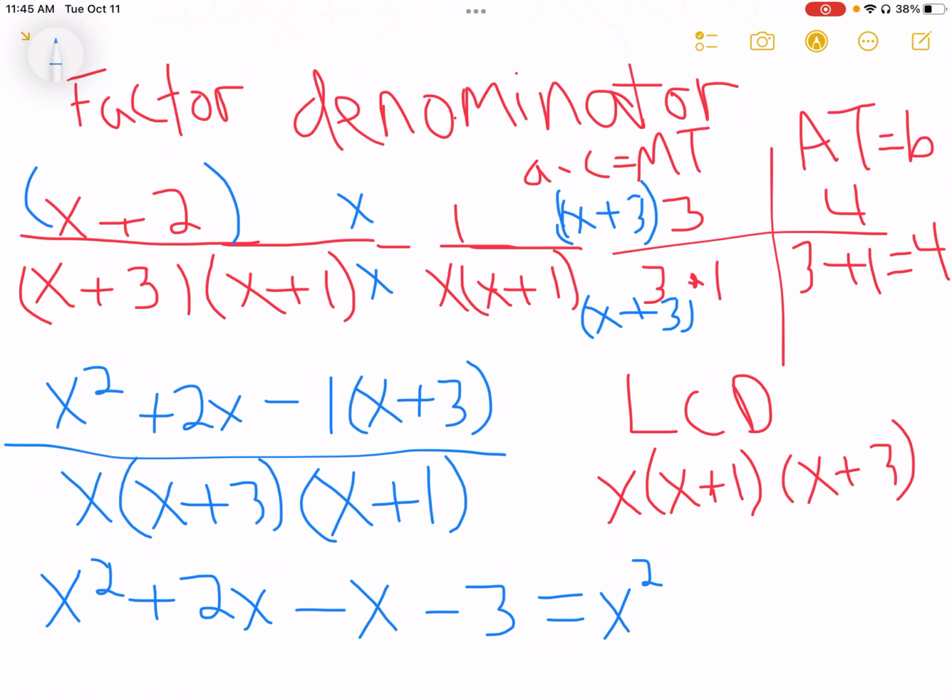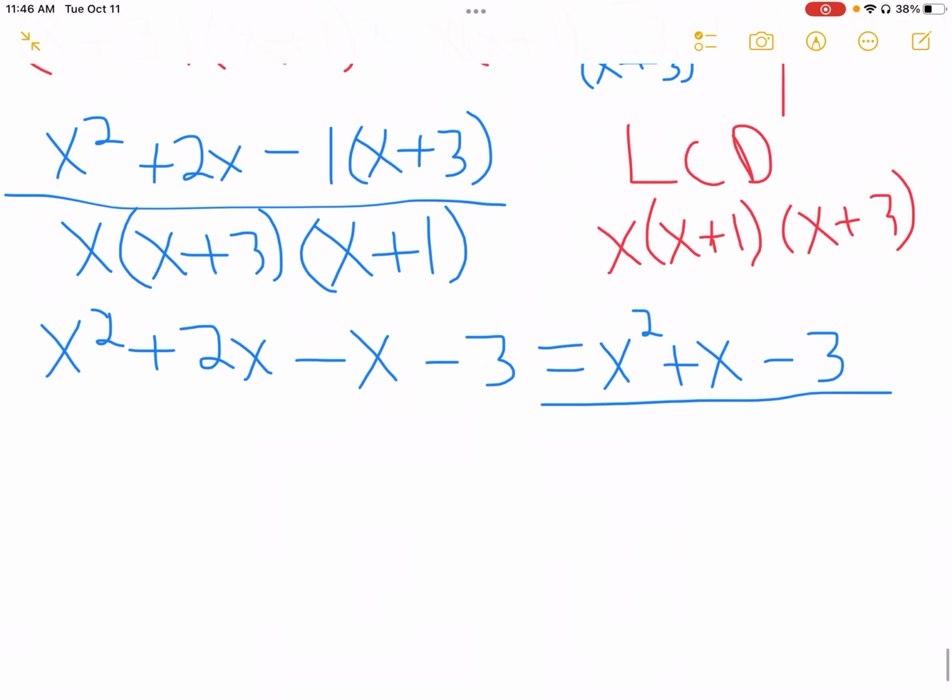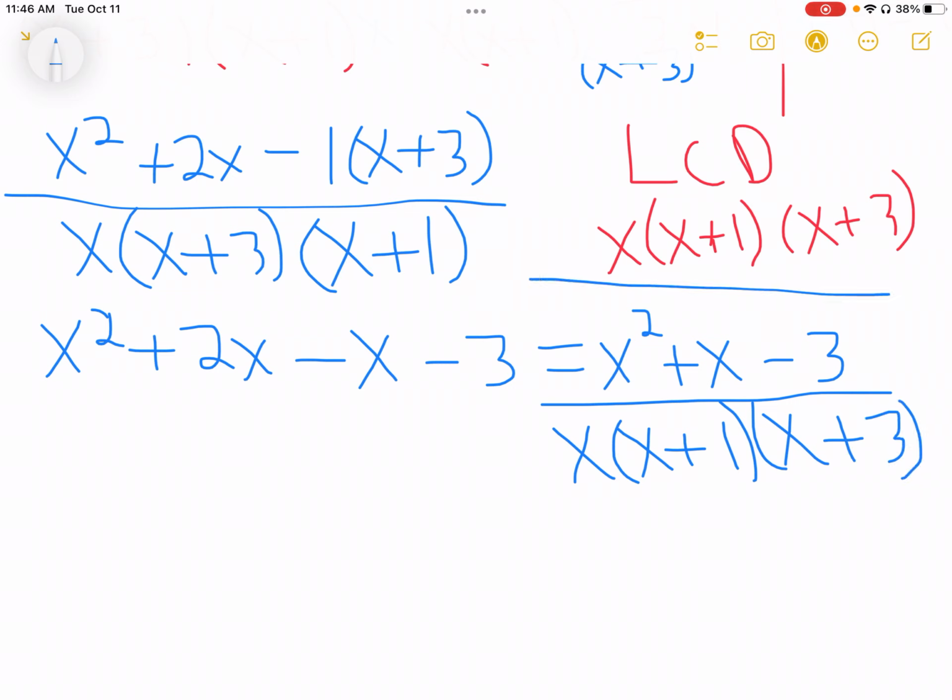So if I have 2 and I'm minusing another one, that just means I'm left with a single x. So plus x minus 3. And then all of this is divided by x plus 1, x plus 3. And that's my final answer there, okay?